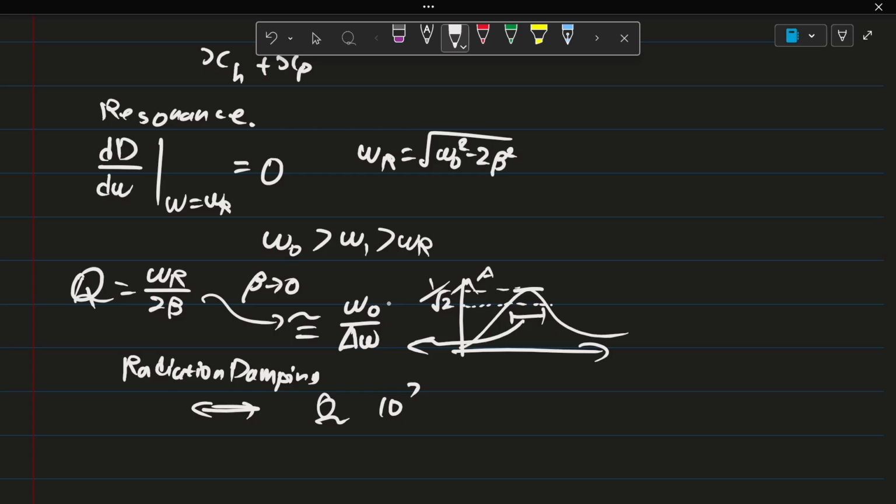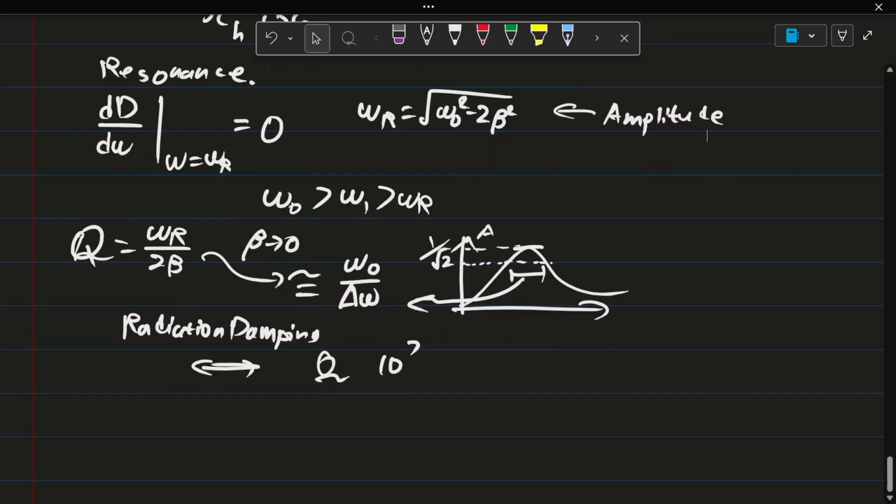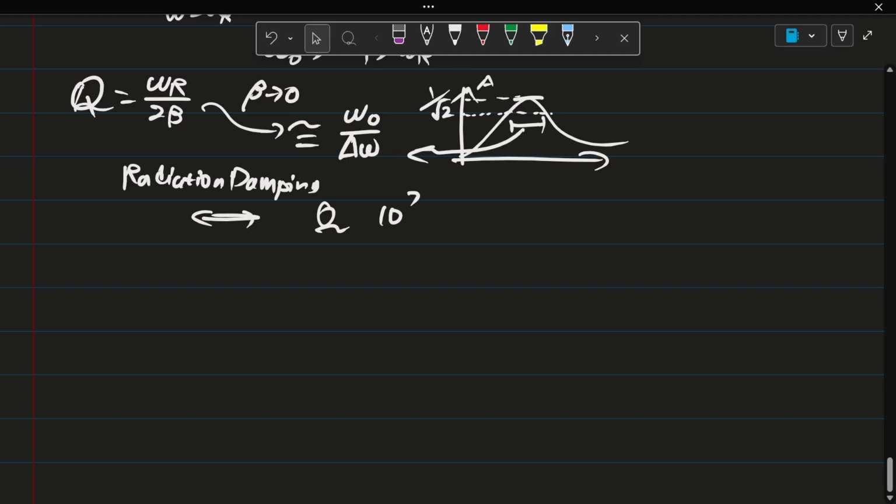What I haven't mentioned here is that this is what we call amplitude resonance, in which the amplitude goes very large. But maybe something else could be resonating. Instead of the amplitude, you might be thinking of the kinetic energy, and that's possible. The average kinetic energy would be half times m v squared, right?